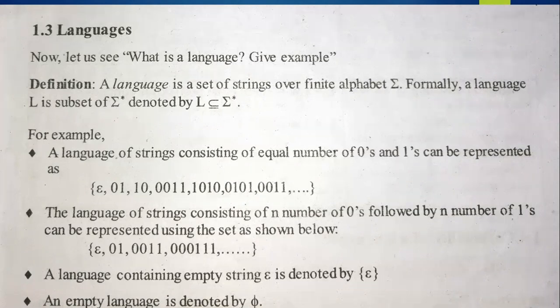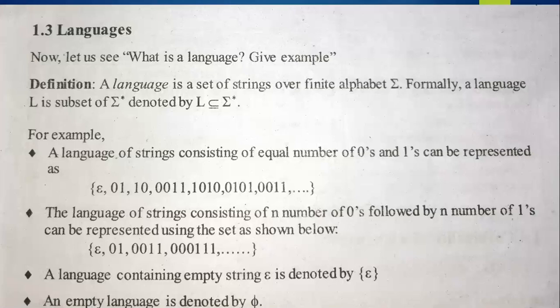Inside a language, we involve only a few strings, which are a subset of sigma star. Inside sigma star, we have an infinite number of strings. Out of that, only a few will be selected as components of language L. Clear? Whenever we write a language, we use capital L.